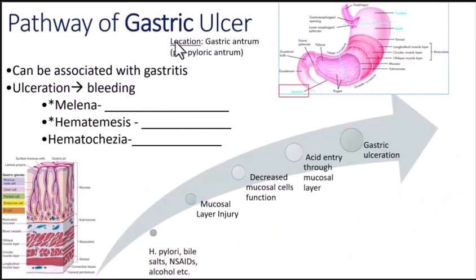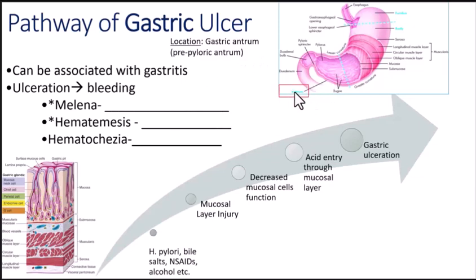Still on the topic of ulcers, but focusing on gastric or stomach ulcers, we know that they can be associated with gastritis. So somebody with inflammation of the stomach over time, it could lead to the development of an ulcer. The most common location of a gastric ulcer is at the gastric antrum, also known as the prepyloric antrum.